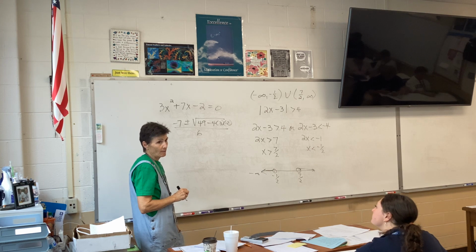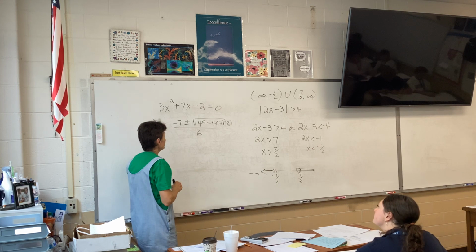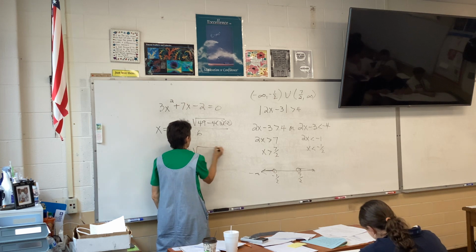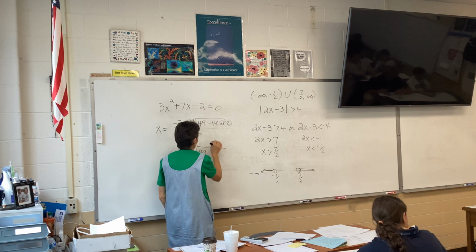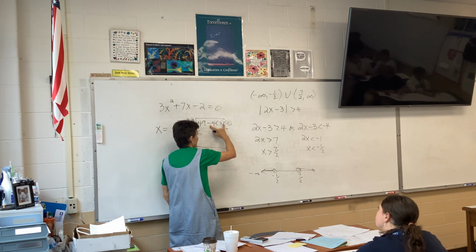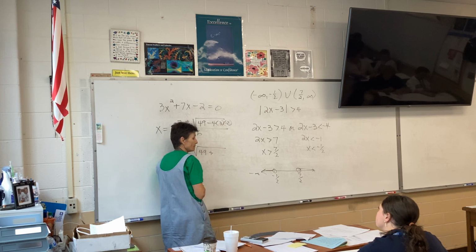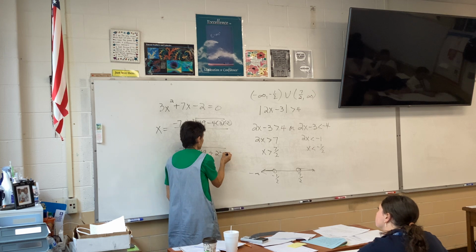Now these are not big numbers. We should be able to tackle this one. What do we have underneath that radical? We have 49. This is a negative and a negative, so it's gonna become a plus. What's 4 times 3 times 2? That's easy.